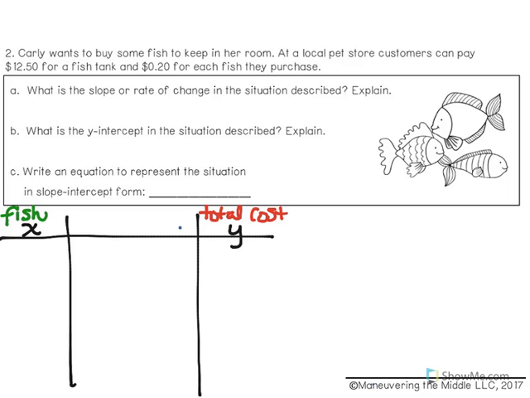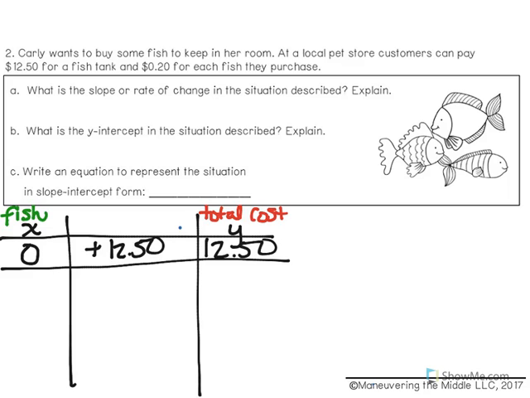So I know that if I buy no fish and I purchase a fish tank, that means I am not buying anything but a fish tank. So I'm adding $12.50, and so my total cost is $12.50.